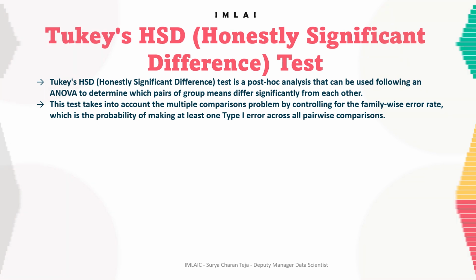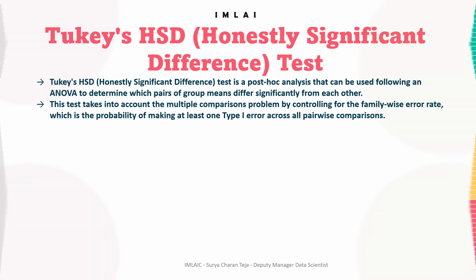The HSD value is calculated based on the number of groups being compared, the total number of observations, and the significance level alpha chosen for the test.